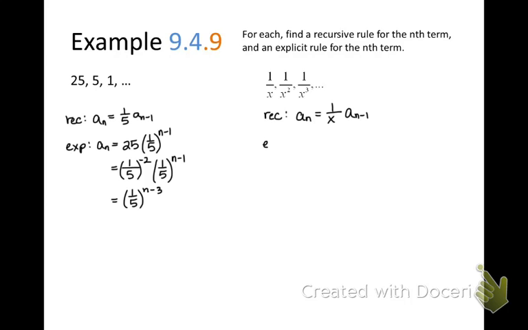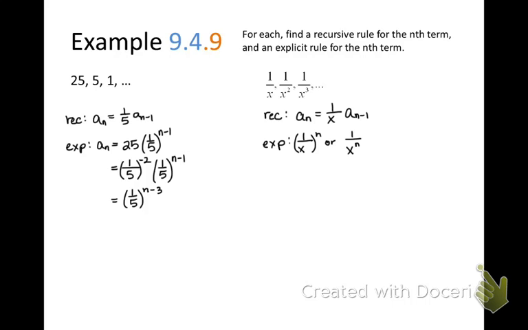Explicit. Some of you might jump right to the condensed form, but some of you might not. Do I really need to write a first term here? No, because my first term is already in the form of my ratio, right? So how can I write this one? Can't I just do 1 over x to the n? Or, between these two, I don't care which way you write it.